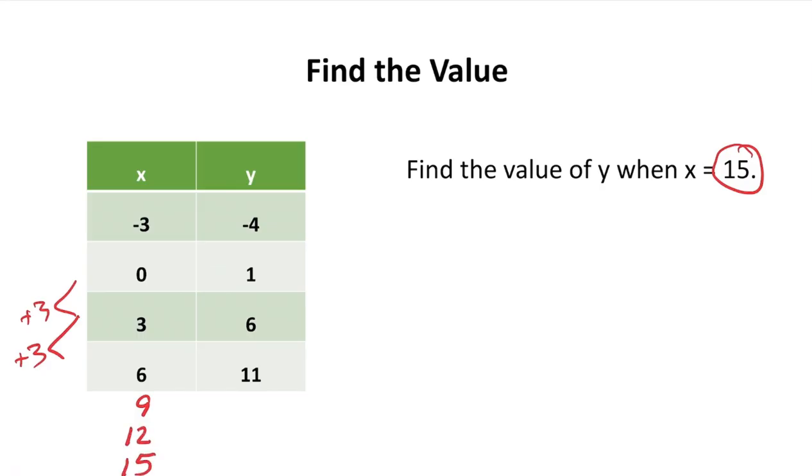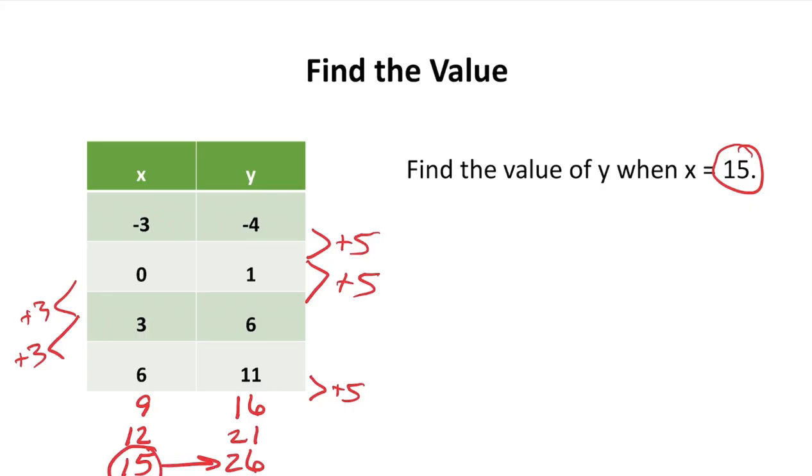Now I got the number I want. These are going plus 5, right? Plus 5, plus 5. So if I go plus 5, I'm going to 16, and then 21, and then 26. So when x is 15, y equals 26.